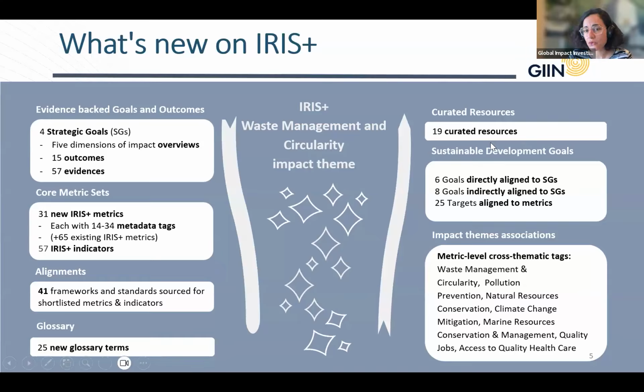We also have a number of curated resources that we think may be relevant for you, and a number of what we call metadata tags to the metrics and indicators that could indicate a connection with other impact themes, SDG alignment, and other information around the data. So let's see a little bit how this actually looks in practice.